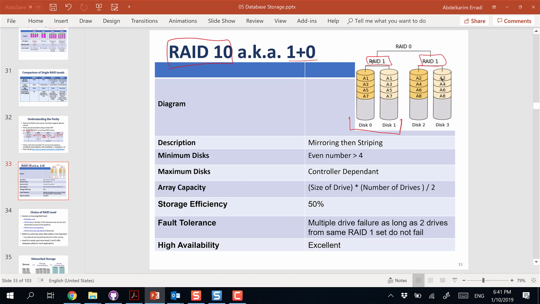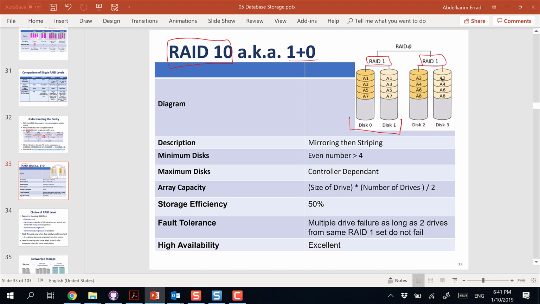And then there are two sets of mirrored disks. What do you build on top of them? RAID 0, which is striping. Are you following? In here, I am doing mirroring. Can you see A1 is stored in 2 disks, A3 is stored in 2 disks, and so on.